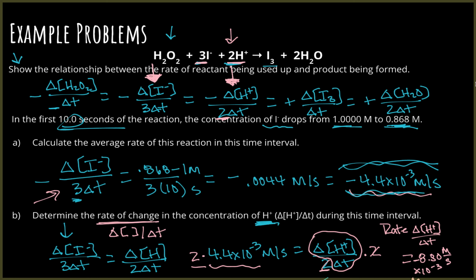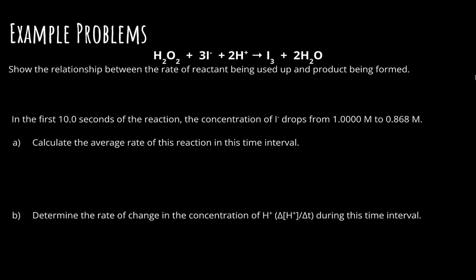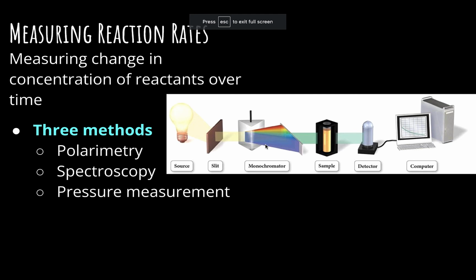Tomorrow we'll come back and look at how we can actually solve for what are called rate laws. The one other thing we want to talk about today is how they actually gather this rate data. There's a couple different methods. Polarimetry is one way, spectroscopy is another way.